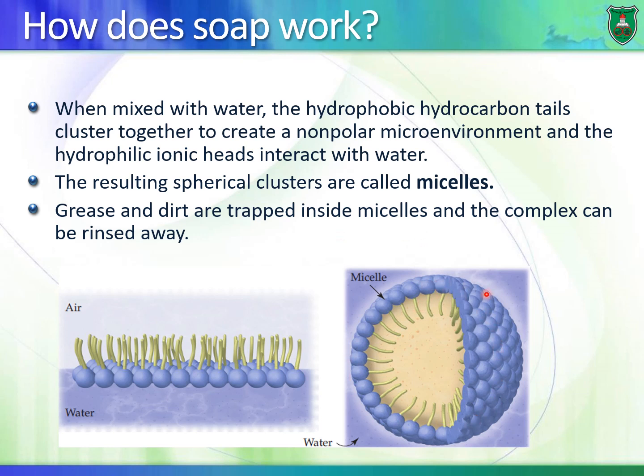It looks like a ball, whereby the hydrophilic head, the carboxyl group, are exposed to water, and the fatty acid chains are hiding from water. They are hydrophobic, so they trap dirt and grease inside these balls, and that's the best way of washing your hands.